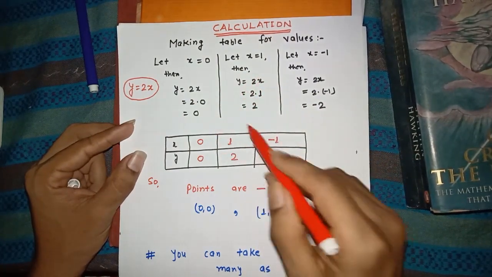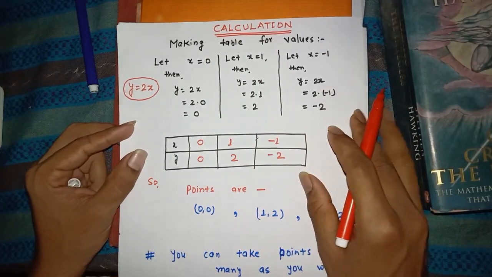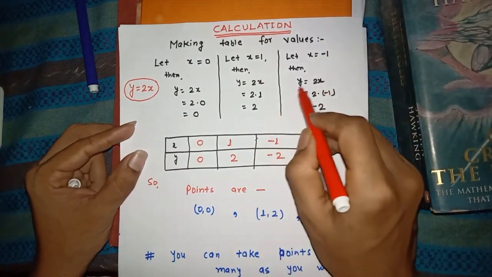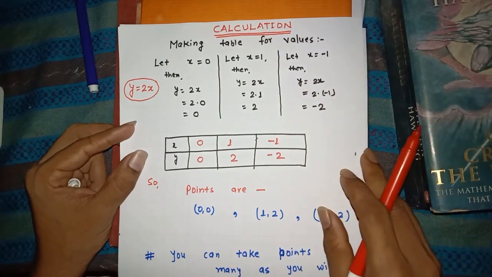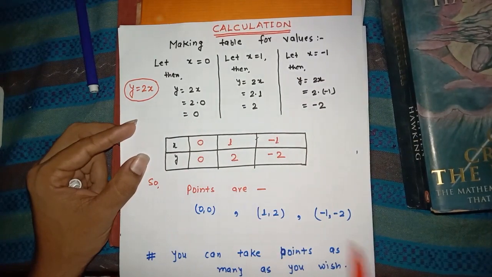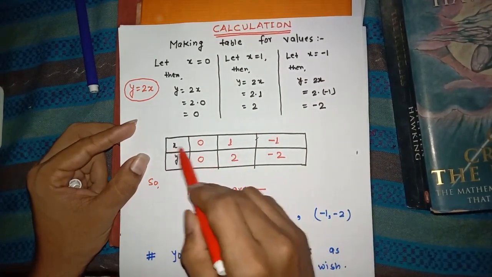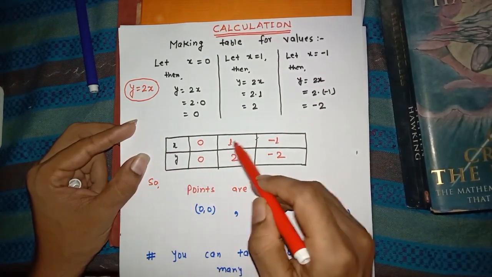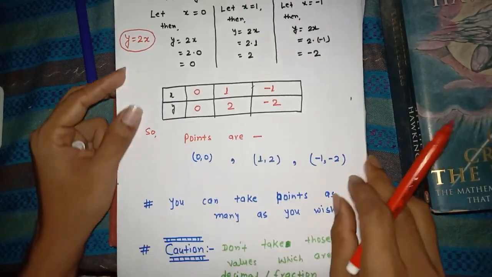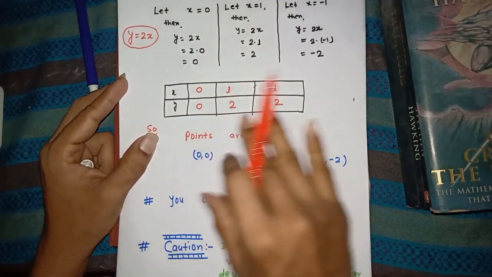Then you get the value of y as 2. Similarly, if you take x is equal to -1, we get the value of y as -2. I am taking 3 values of x and 3 values of y and making a table. So here x 0, y 0; x 1, y 2; and x -1, y -2.